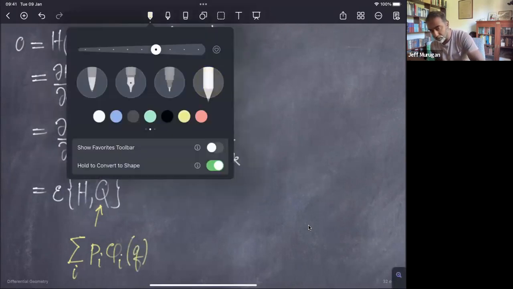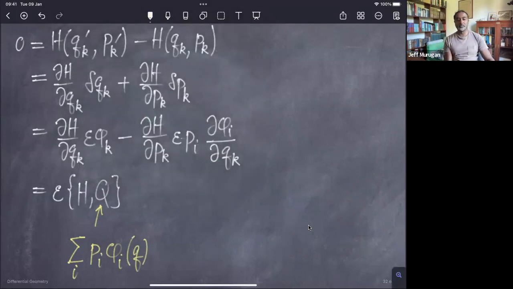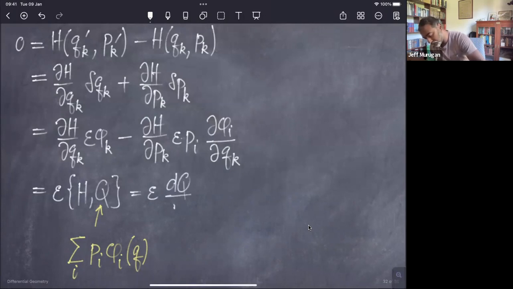And then given what we've just said, this is nothing but epsilon dq by dt. Up to a minus sign, sorry. Let me just fix that.